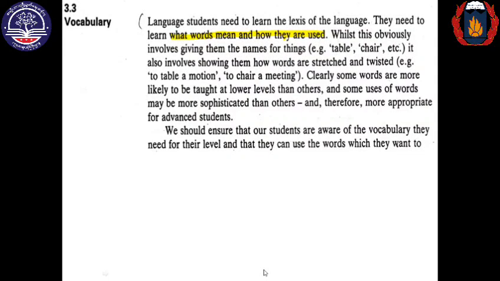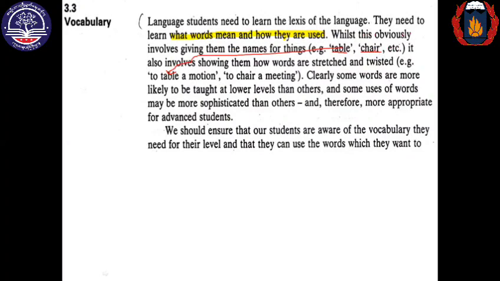Do you know table, chair? Students know table and chair, but they do not know these words can be used as a verb. In primary we have taught our students these words as nouns, but we do not tell them that they can be used as verbs.